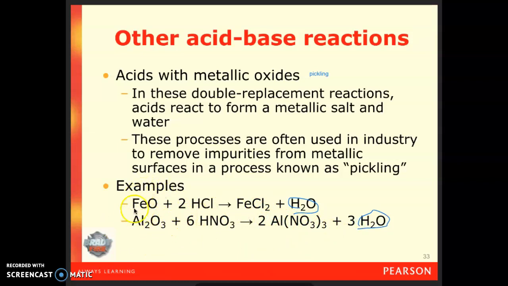These are ores, metallic ores, things that we would find in mining. And if we react them, we can get them to separate from the oxygen, which is pretty tough to do otherwise. And then the resulting solutions of these salts, we can then use a process known as electrolysis and actually purify and extract the iron or the aluminum out of them for whatever purposes we might need those materials.